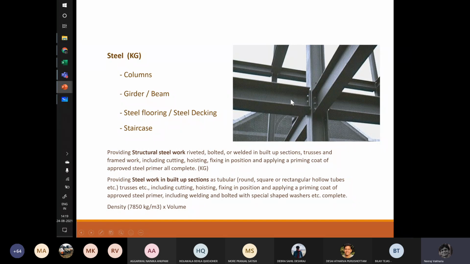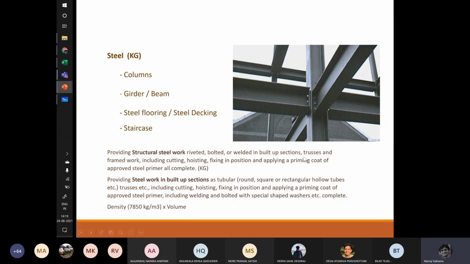Now, built up sections means the ready-made sections which you get. Okay, there are I sections, H sections, C sections, all those things. Whatever it is, you have to mention it in built up I sections, or generally we also mention, I hope you know a steel table where we mention ISMB, ISLB, and those terms. Indian Standard Medium Weight Beam, whatever it is, we mention that particular.